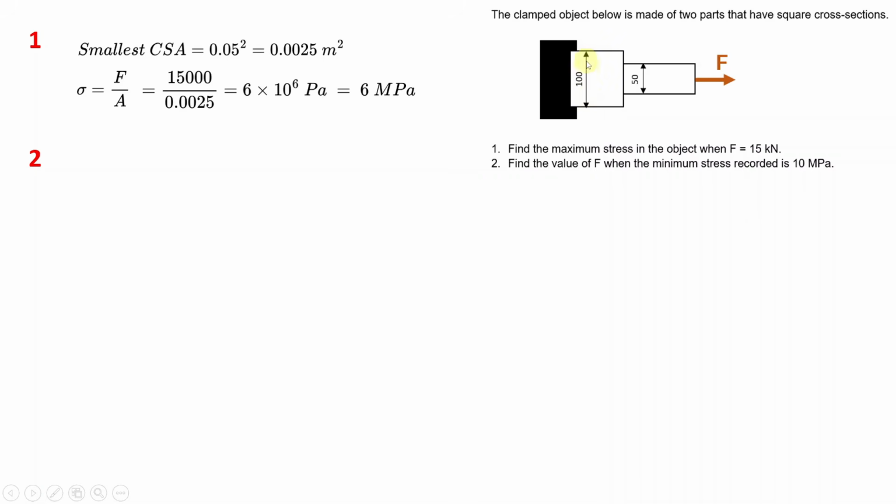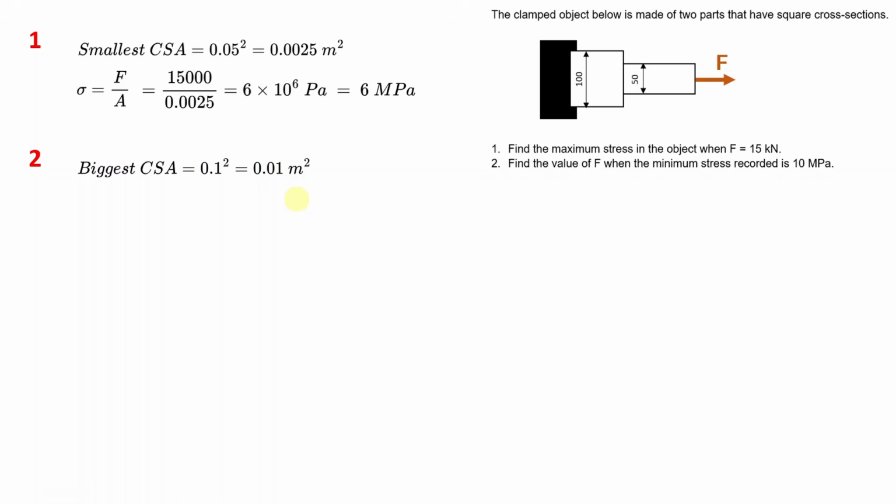So we need to find the biggest cross-section area. Again, the dimensions are in millimeters. I changed that to meters, and because it's a square cross section, I had to square it to find the cross-section area. So the biggest cross-section area is 0.01 square meters.